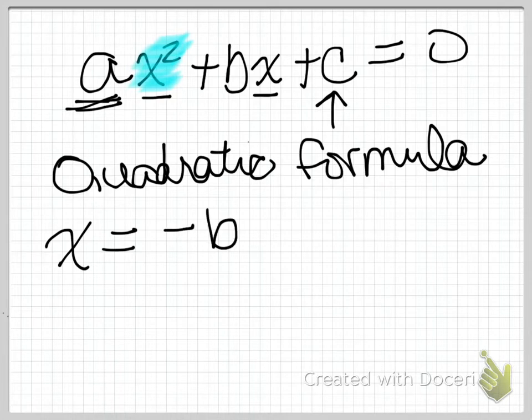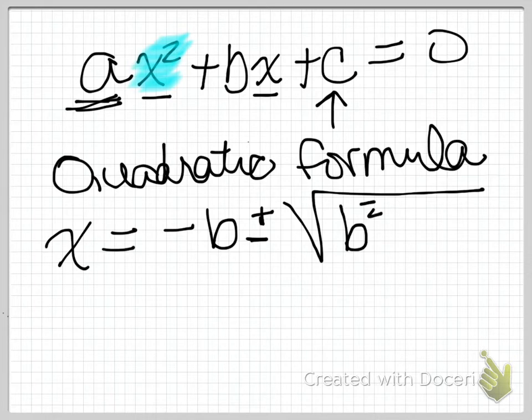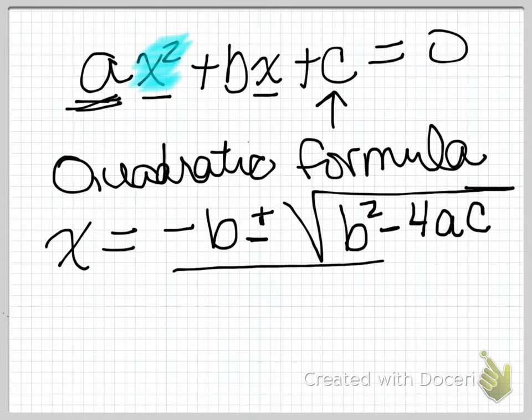Negative b, and this b refers to the b up top there, plus or minus the square root of b squared minus 4 times a, and that a is again our leading coefficient there, times c, our constant term, all divided by 2 times a. And again, that a is your leading term. This is called the quadratic formula, and it can be used to solve absolutely any quadratic equation.